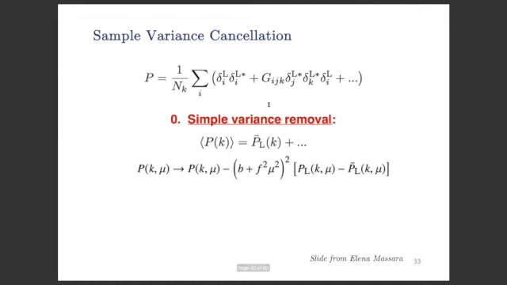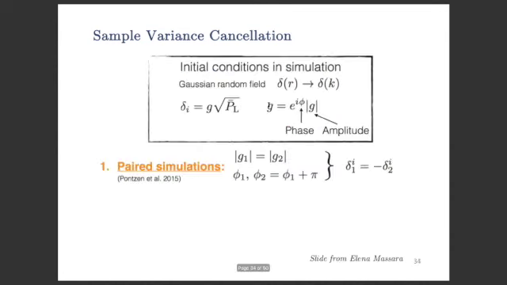Basically, first I add the linear power correction term, and then we can use a more comprehensive sampling variance correction method using the pair simulation. We assume the density field is Gaussian, we write it as a complex number, and we generate two different simulations with the same amplitude and with the phases differing by pi.